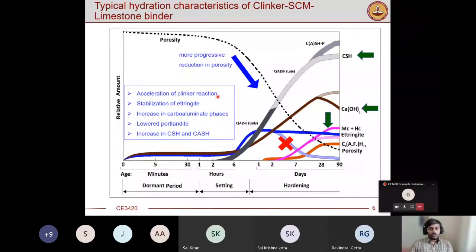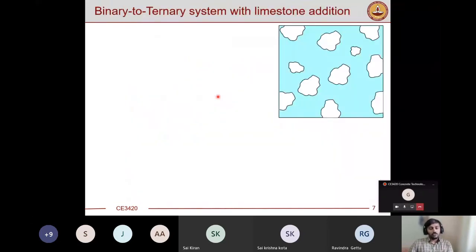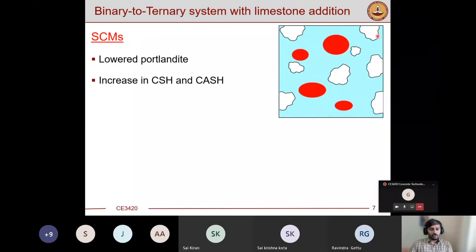So essentially you need to understand that there are these different reactions which happen when you start moving from a regular blended cement to a ternary cement with limestone and SCM, right? To summarize, you have this initial space, and it gets filled with hydrates. When you replace with SCM, you have 2 reactions: portlandite (calcium hydroxide) consumption, which leads to formation of CSH and CASH.